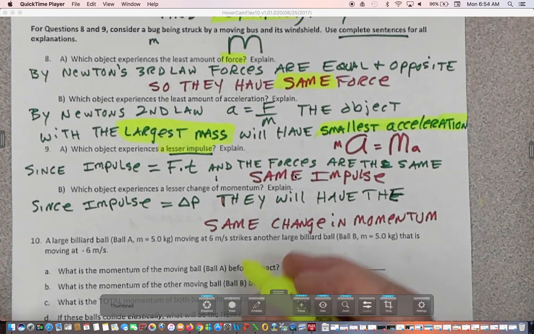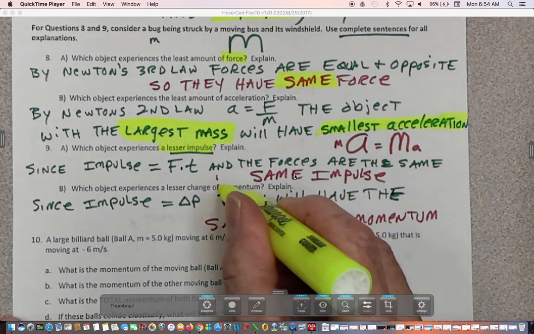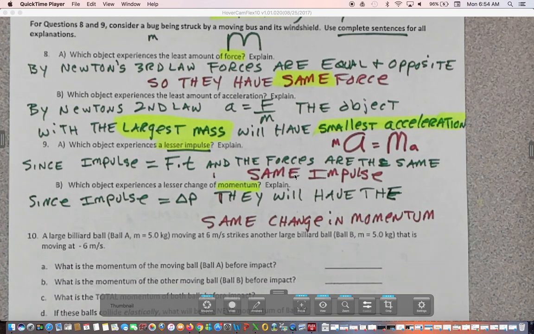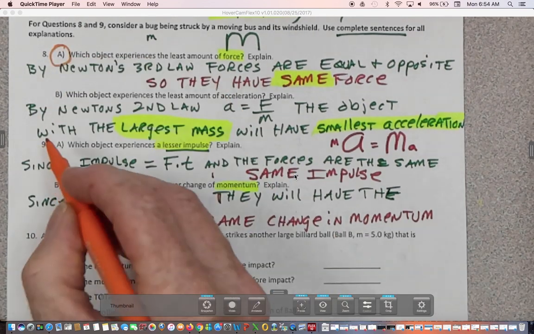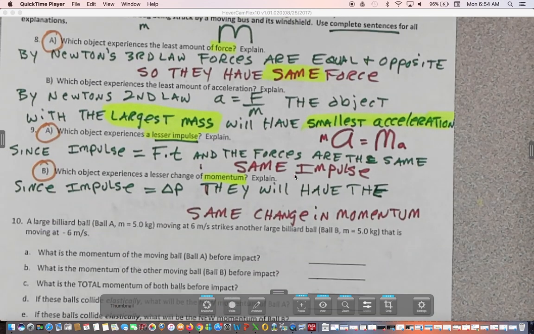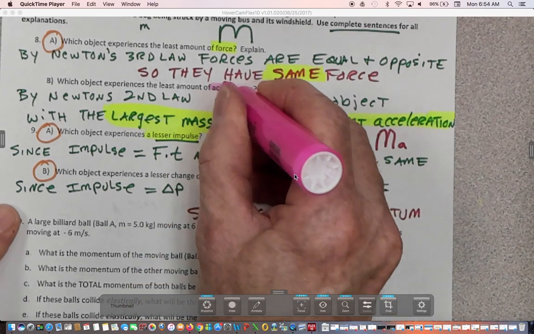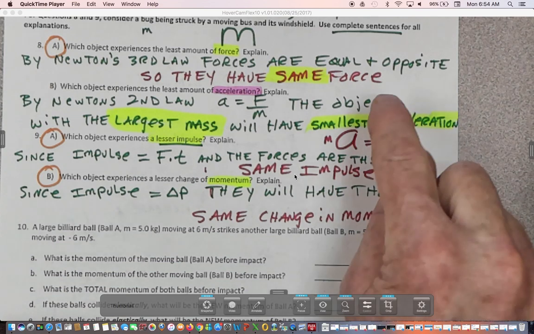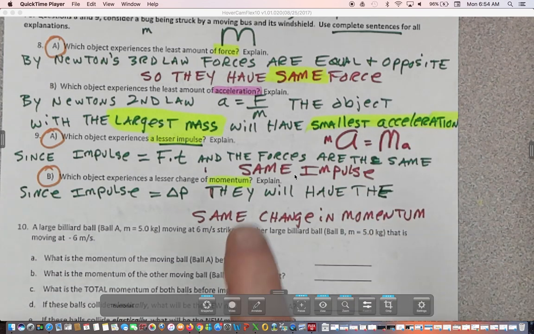So again, they have the same force, same impulse, and same change in momentum. The only thing that's different is the acceleration. That you must understand and make a note card, do whatever you got to do, memorize. Same force, same impulse, same change in momentum, different acceleration.